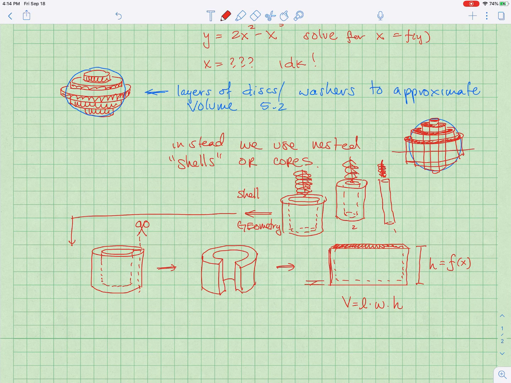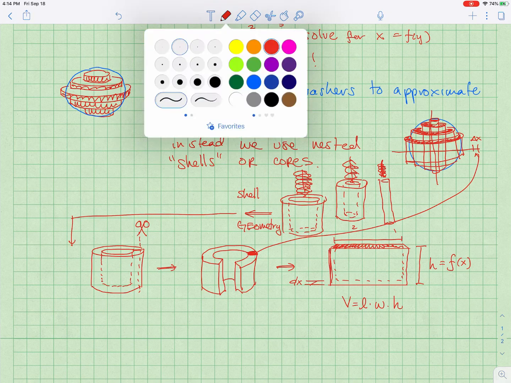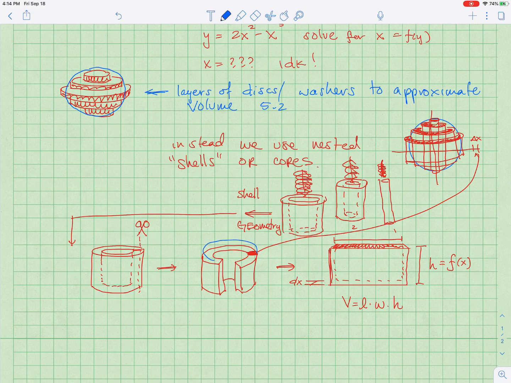Now, if this is on the xy axis, the thickness right here of this shell wall is actually a small measure on the x-axis. So the thickness is delta x, or dx in this case. And then the tricky part might be the length. But this length here is this distance around the top of the shell, which is its circumference.